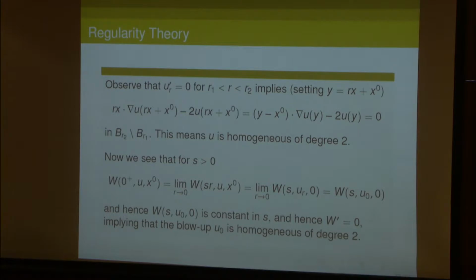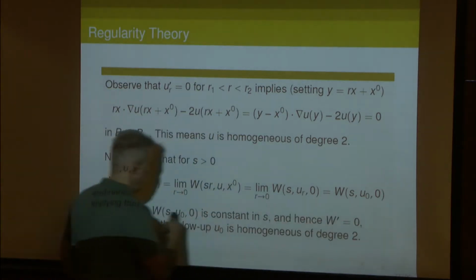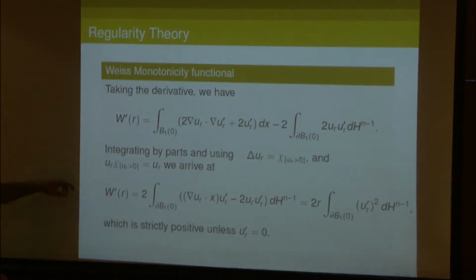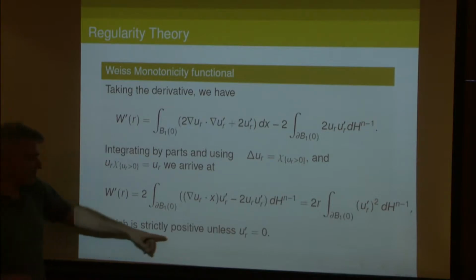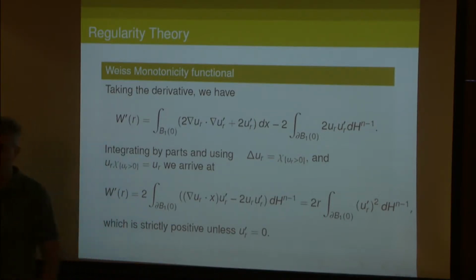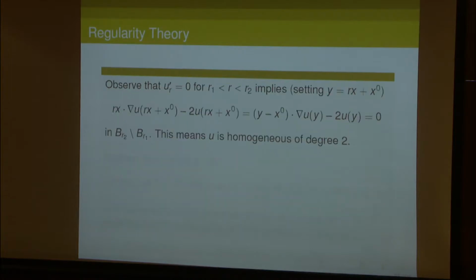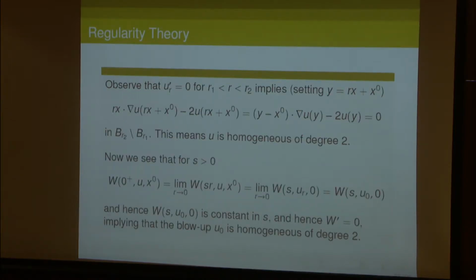So now think of s instead of r, that's what we said. So this guy is constant, and then our previous page said it is strictly positive unless u_0 is homogeneous of degree 2. So that tells me exactly that u_0 has to be homogeneous. There is no other chance. So what I get is that u_0 is homogeneous of degree 2. So a blow-up is homogeneous of degree 2. That's the proof.